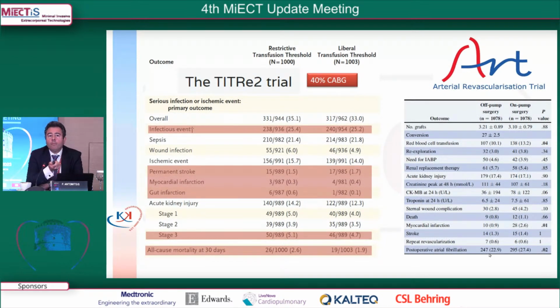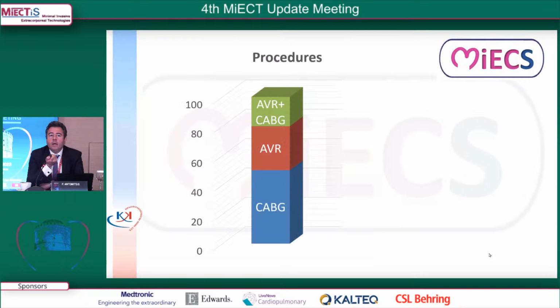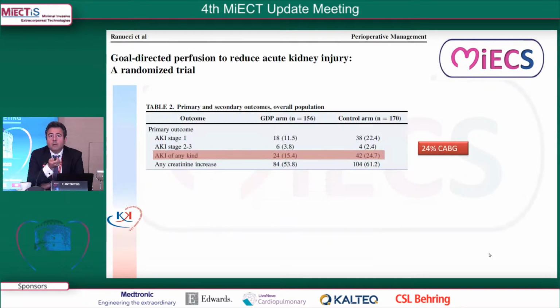We know from the TITER 2 trial that in series including less than 50% coronary artery bypass grafting, we should anticipate a complications ratio for the primary outcome of almost 20%. And actually, acute kidney injury represents one of the most common postoperative outcomes in cardiac surgery.